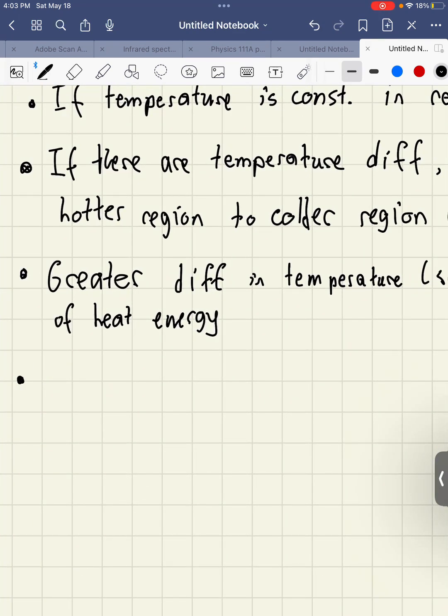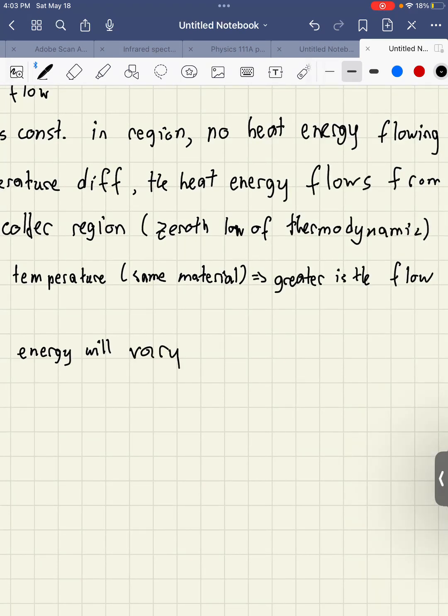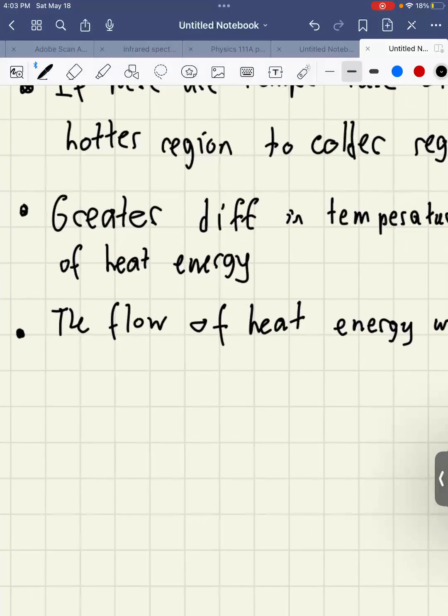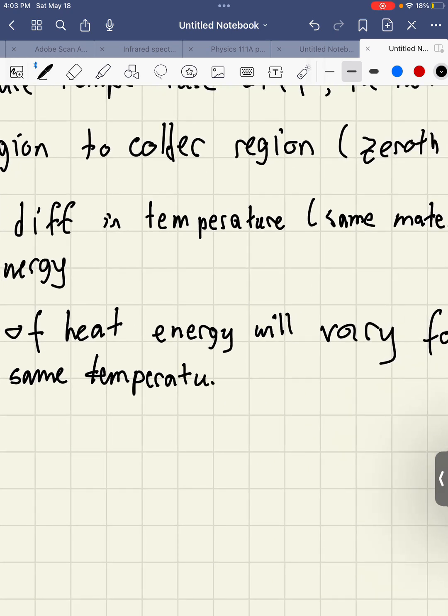And the last but not least, the flow of heat energy will vary for different materials, even with the same temperature difference.